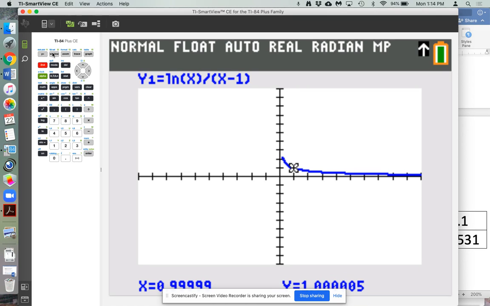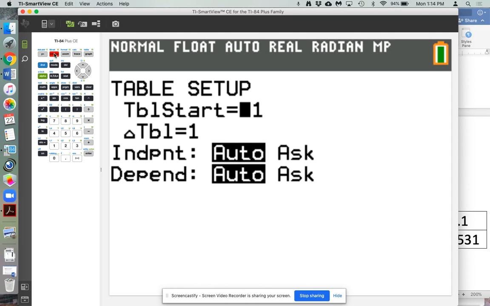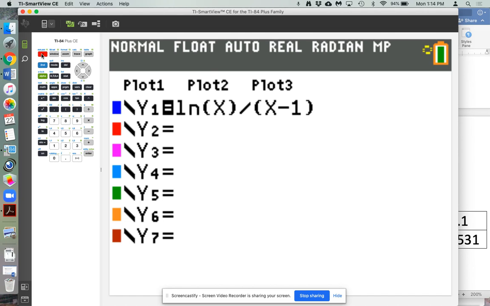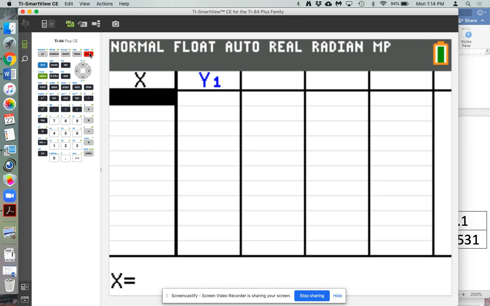The final way is to go to a table. Right above window is a table set. This has a starting value of 31, and it's moving up by 1. So what I'm going to encourage you to do is if you make a table, ask for the x coordinate or the independent value. Go into y equals, type in your equation, and then go to table just above your graph button.